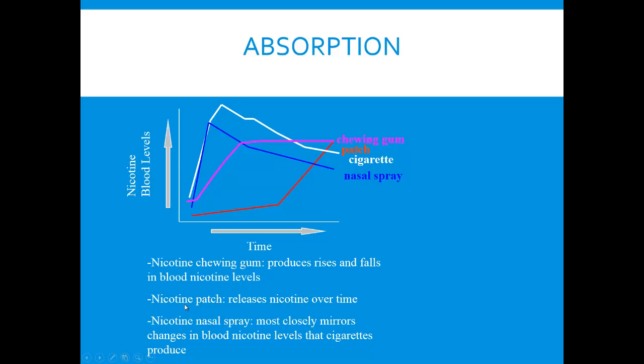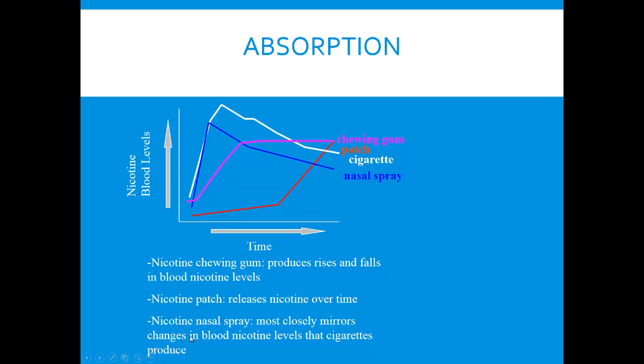Okay, then we have the nicotine patch, which is represented by the red line here, and so this is where the patch is put onto the skin. The nicotine is going to be absorbed, and then that's going to remain constant over some period of time until, when it starts dropping off, it'd be time to change the patch.